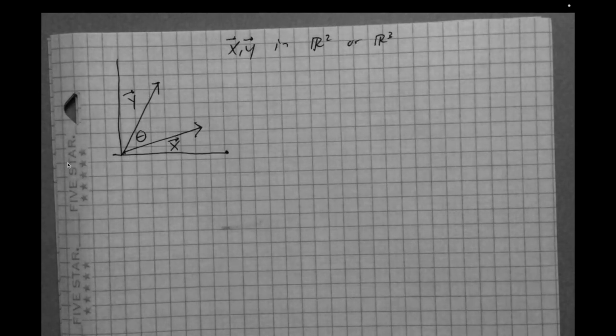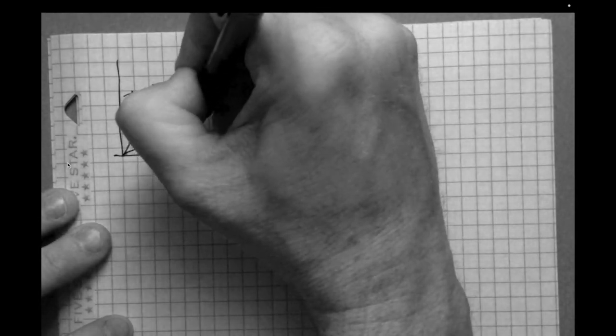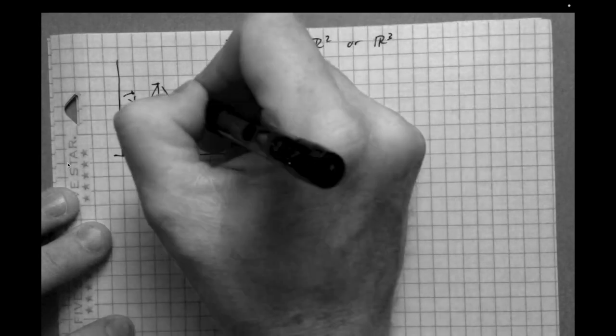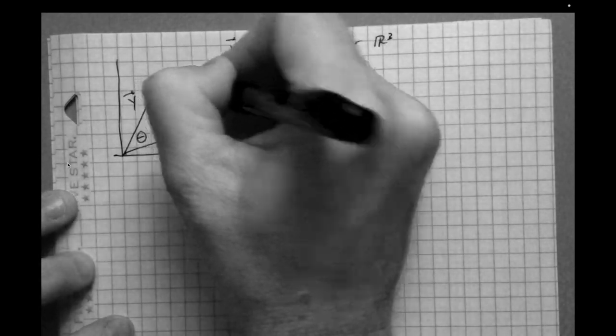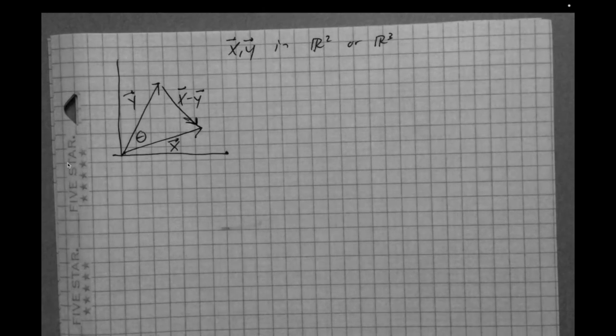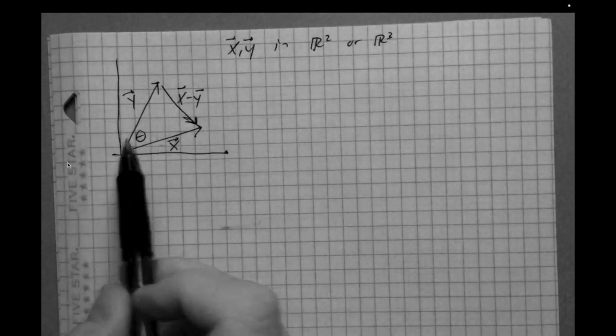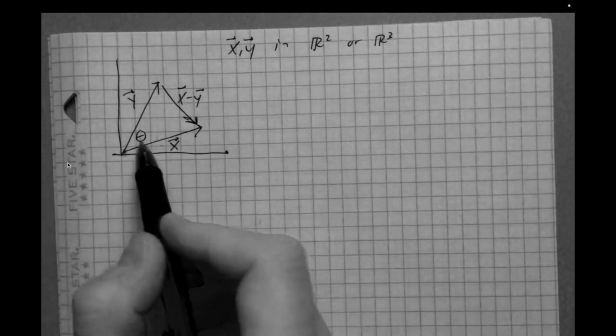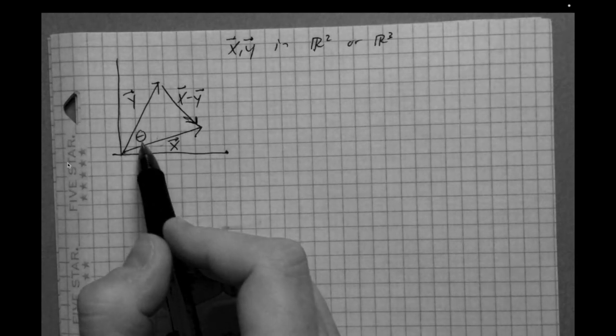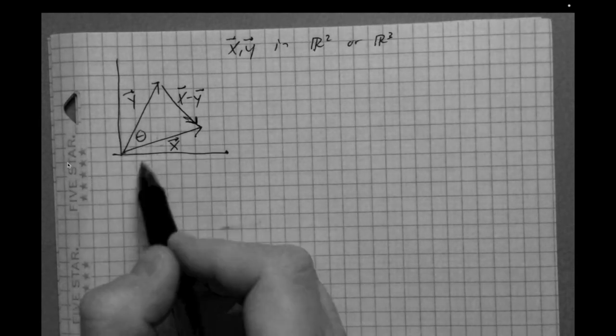So let's say I have these two vectors drawn like this, and I've got a third vector between the two, which I can just call x minus y. Two vectors like this, x and y, technically identify two angles. You have theta, the smaller angle between them, and then the larger angle outside.